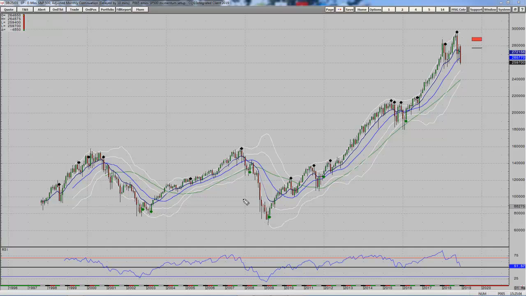So looking at the S&P here, this big long-term chart, I've got most of the buy and sell pivots picked out with these diamonds, the black diamonds for sell pivots, and the green for buy pivots. And there is nothing in the market that is 100% accurate, I assure you of that.